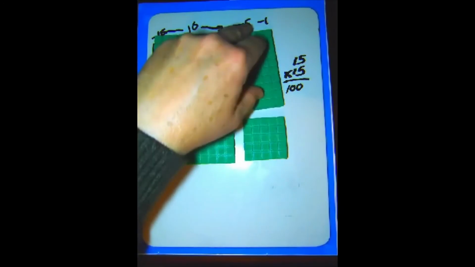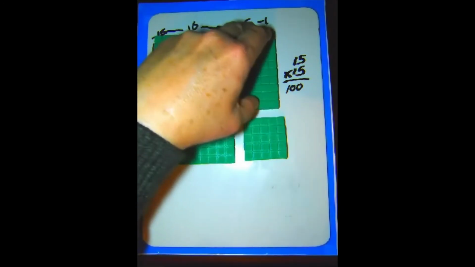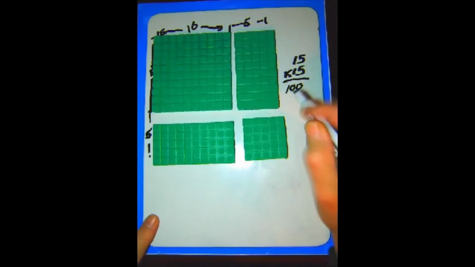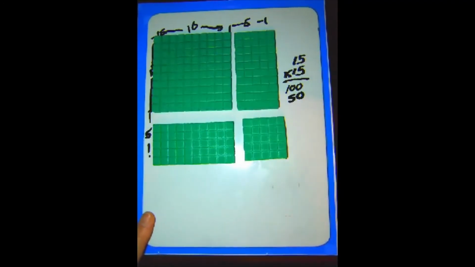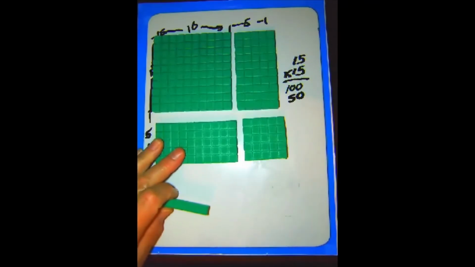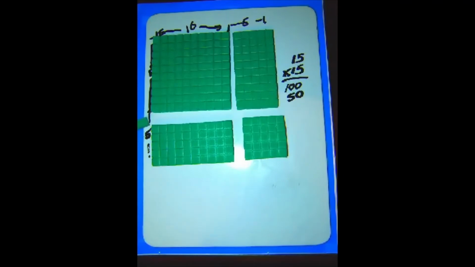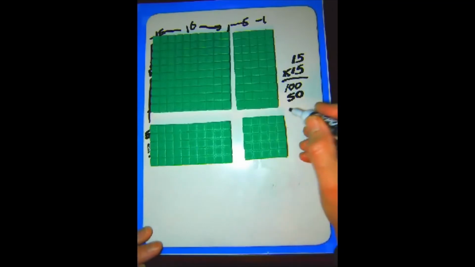So this particular section of our area model represents 5 tens, and of course we can call that 50. And in looking at this section down here now, we also see that it's a 5 by 10. And so we'll go ahead and count it just for the sake of completeness. We would have 10, 20, 30, 40, and 50. So there's my 50.